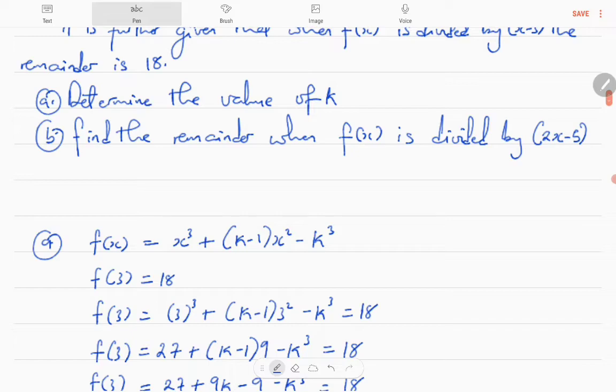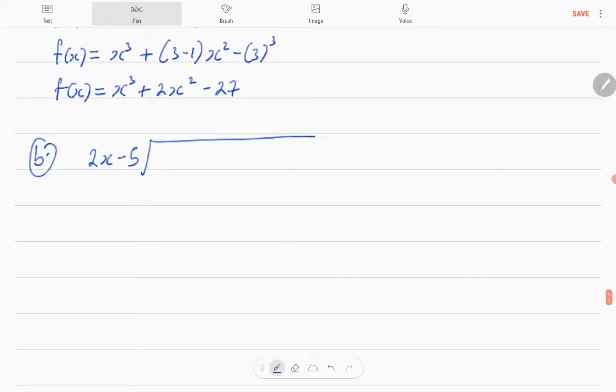So we'll divide the cubic function x³ + 2x² − 27 by 2x − 5.